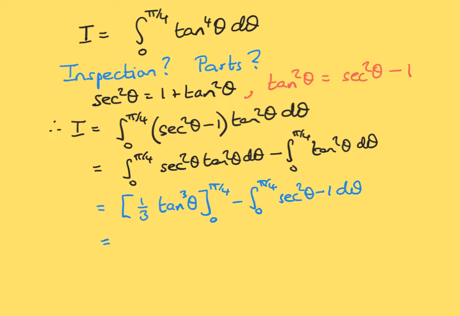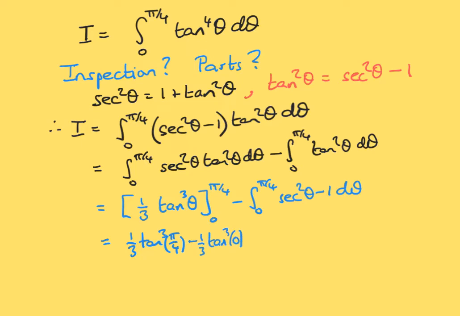So now, I know that the tangent of pi over 4 is 1, but I'll just write it out slowly. So it's 1/3 tangent cubed of pi over 4 minus 1/3 the tangent cubed of 0.